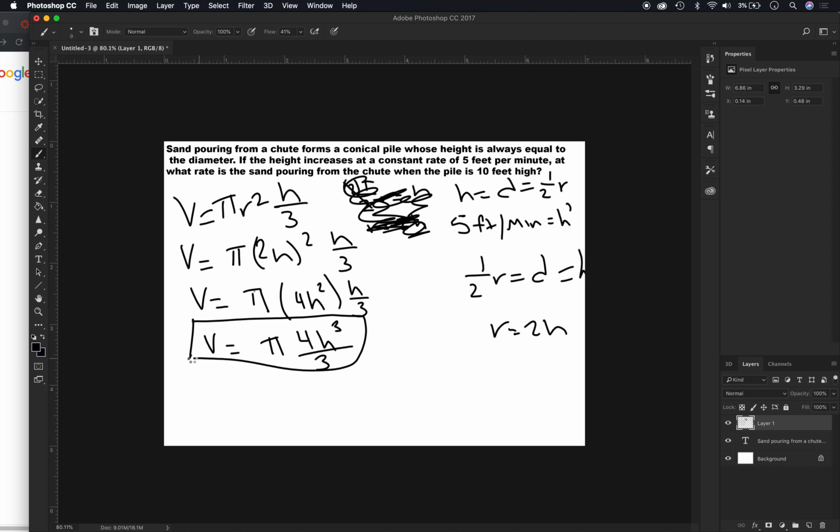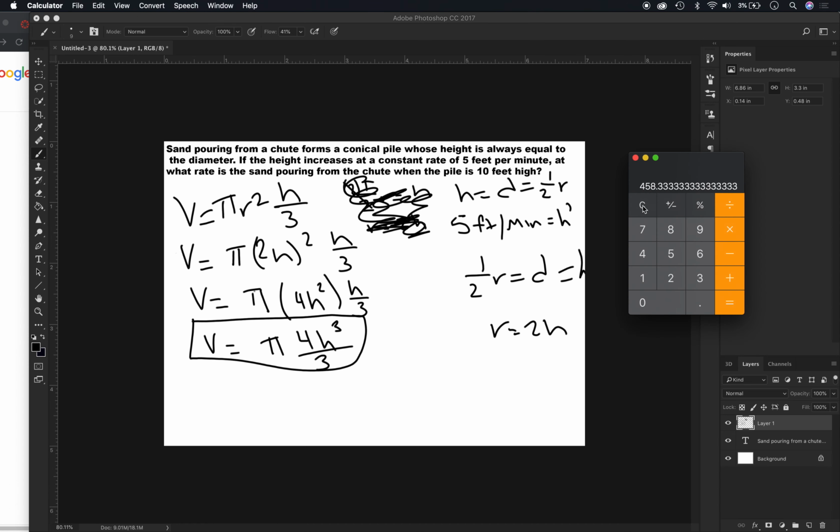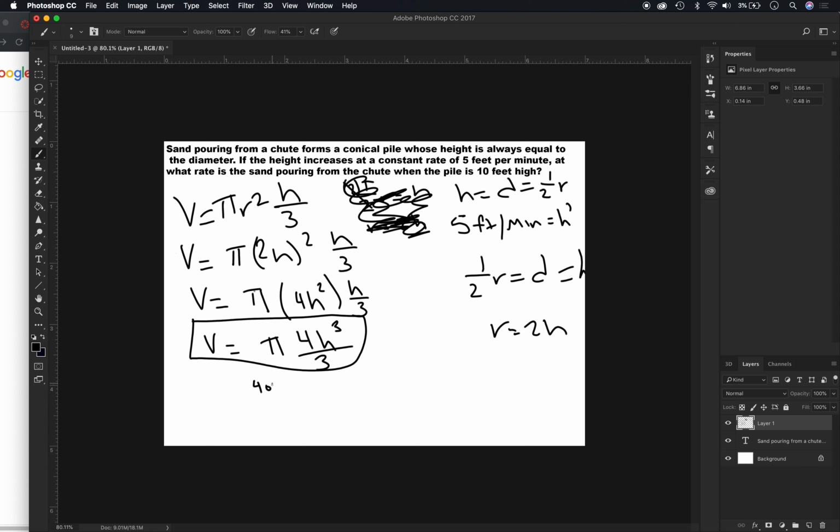Okay, so let's get our... Let's plug in 10 here. So 10 times... Oh, that's going to be a big number. 10 times 10 times 10. 10 times 4 divided by 3. Oh, no. We're going to keep it as 400 pi over 3 equals v.